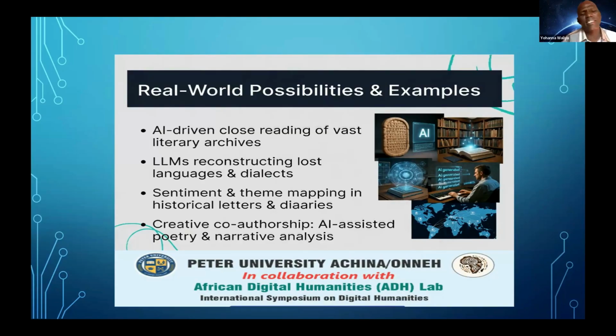But now things have changed through the integration of computers into our studies. We feel like being scientific, like pure science. And that's where interdisciplinary studies come in, because we are now into computer science and humanities. And that is what gives birth to the digital humanities we're doing today.